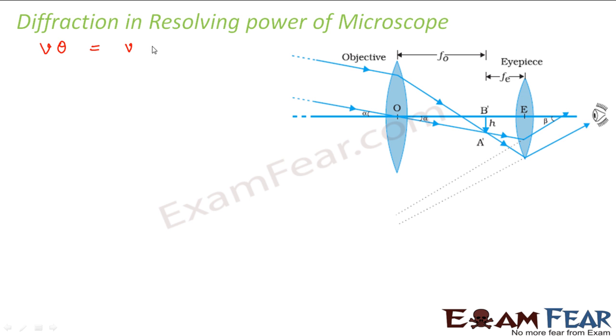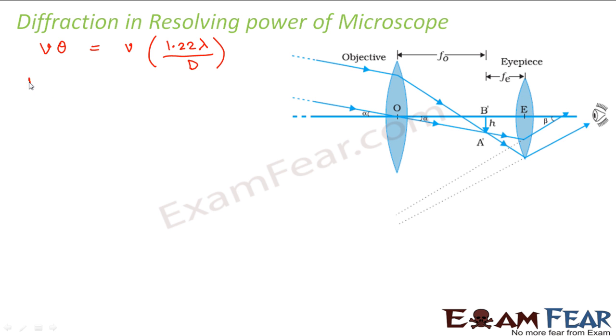So this would be V into 1.22 lambda by D. Right? So now objects which are closer than this distance will not be resolved. So that means this is the minimum distance for which the object will be resolved. Beyond this, the object cannot be resolved.